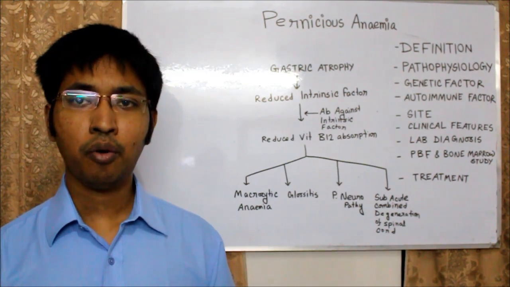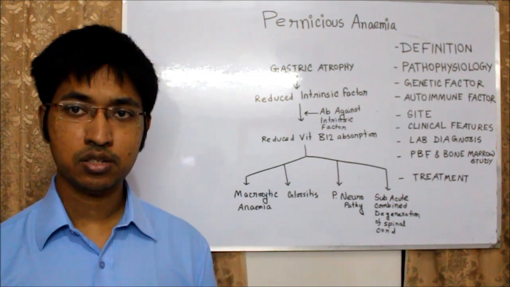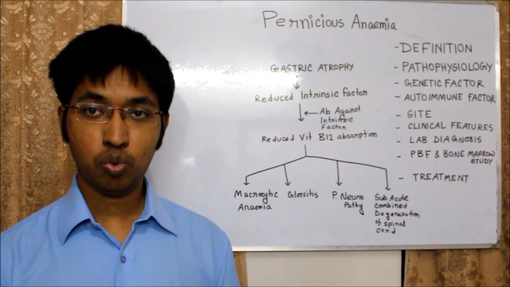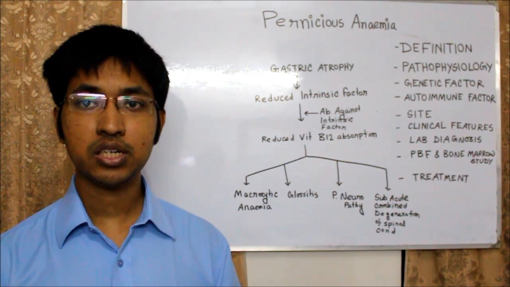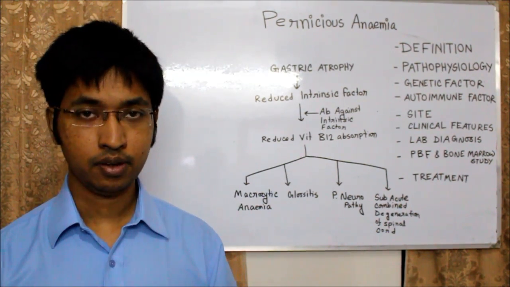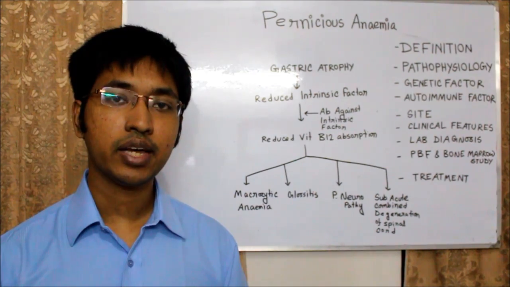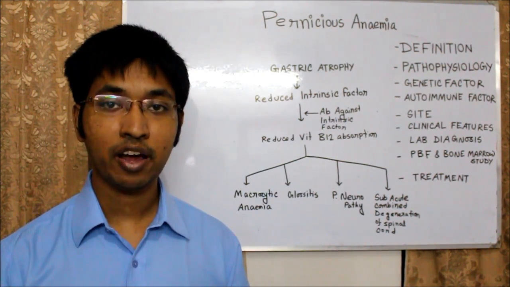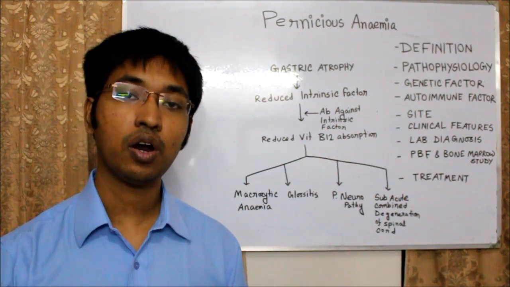The second point about genetic factors is regarding blood group of certain individuals. It is seen that pernicious anemia is more common in blood group A. Okay, now that doesn't mean that if someone has blood group A, he or she will have pernicious anemia in his or her middle age.